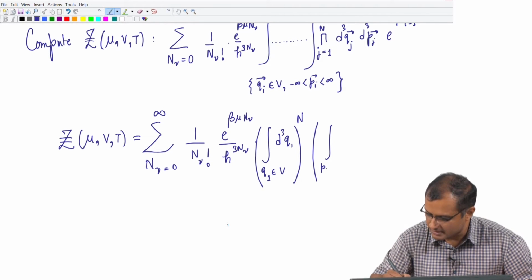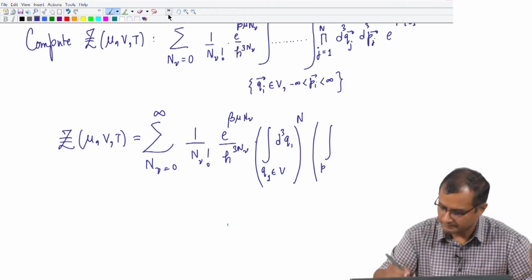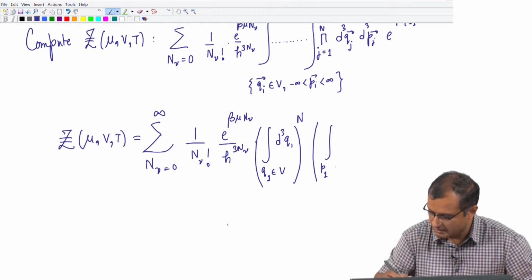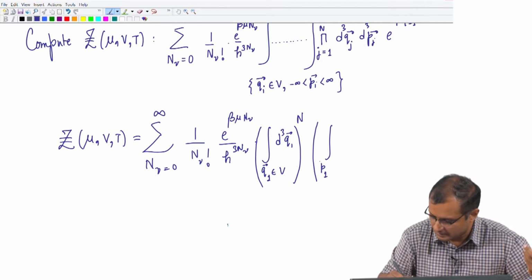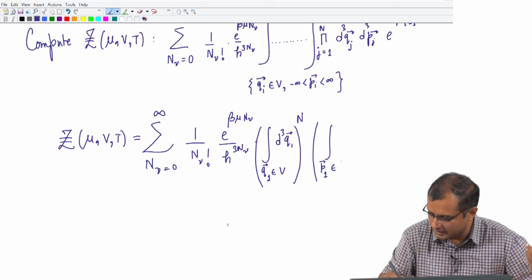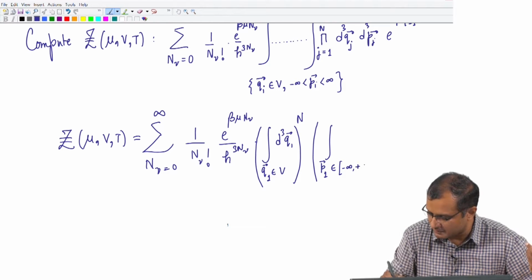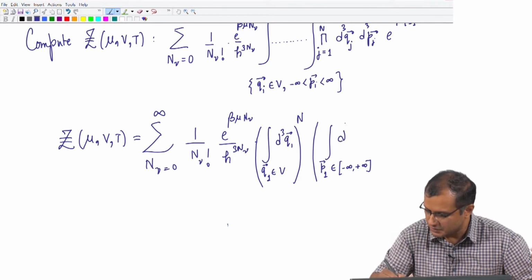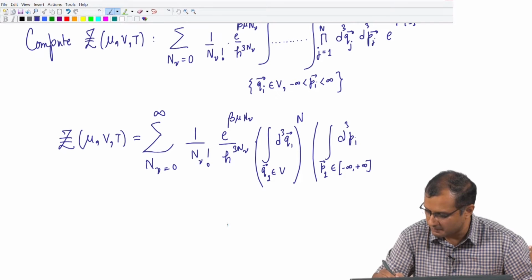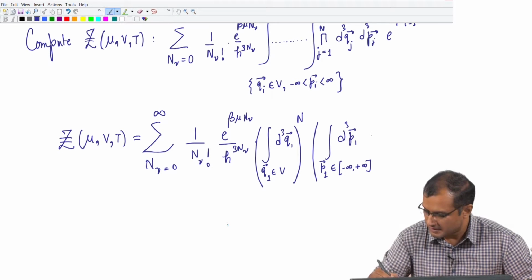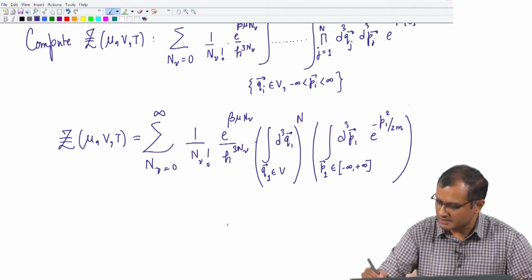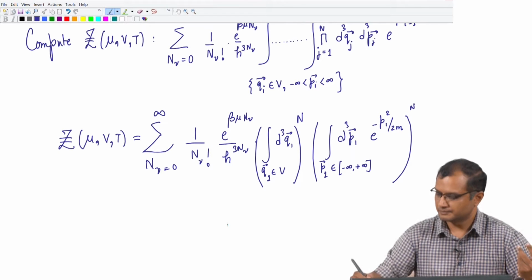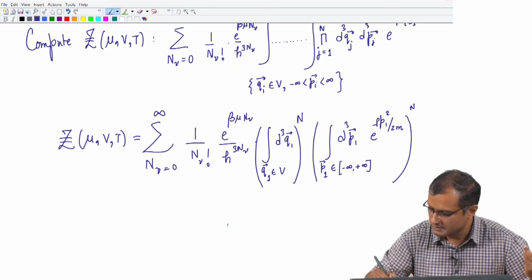So, I can write down P1, some momentum belonging to the range minus infinity to plus infinity, d cube P1, e to the power minus P1 square by 2 m, and again there are n such integrals, into beta, of course.